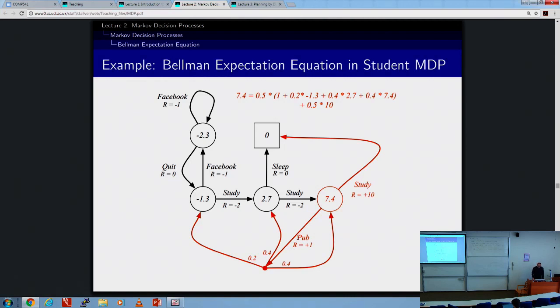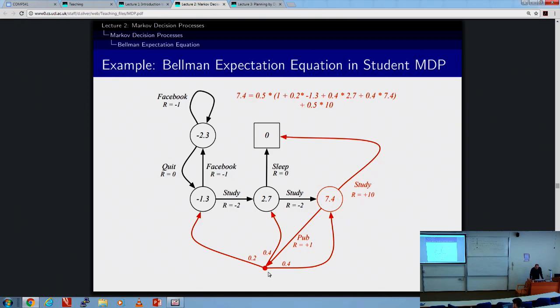So that's the first part. And that's what explains this 0.5 up here. And if I study, then I definitely get 10, because I have R equals 10 here, and then I forever sleep with zero reward, so I get the 10 here, 0.5 times 10.